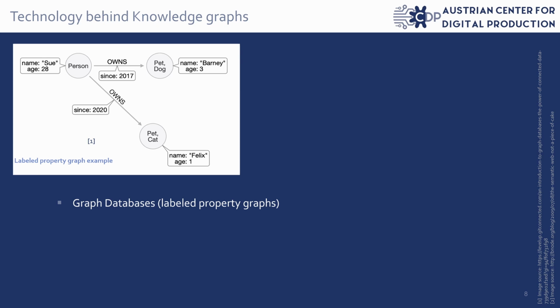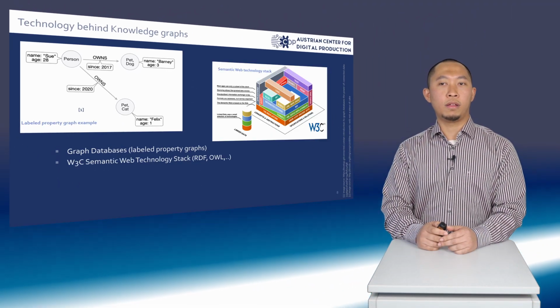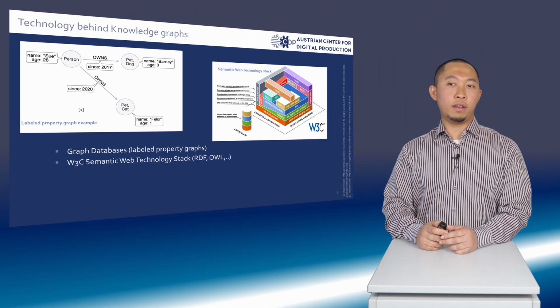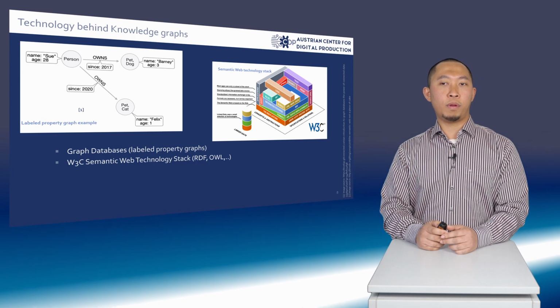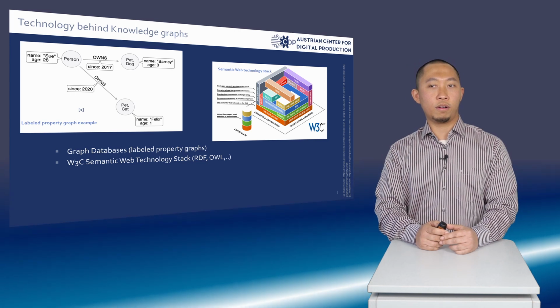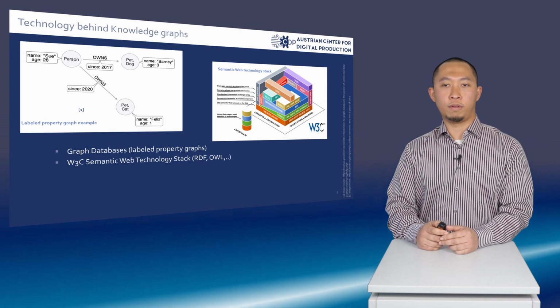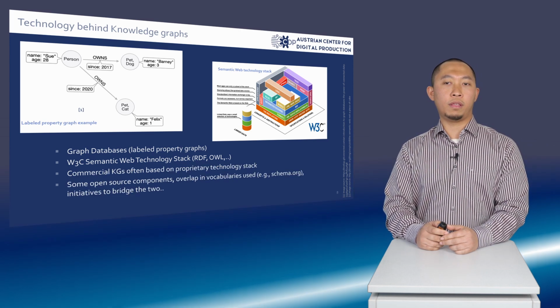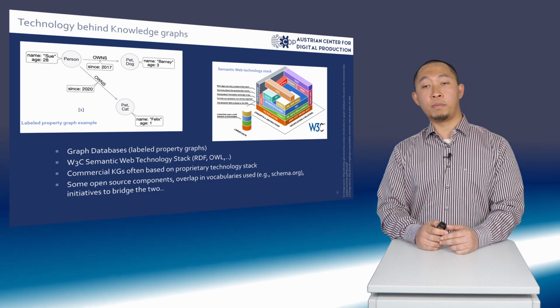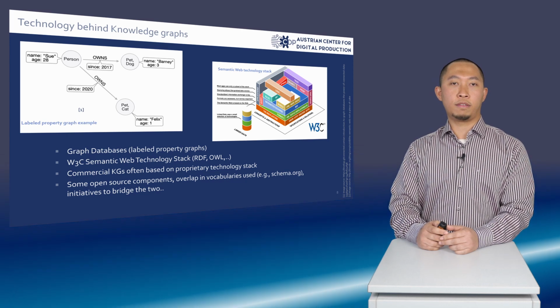For instance, using a graph database, you can store a knowledge graph with a labeled property graph. And also there are standards provided by W3C, for instance, here the semantic web technology stack that consists of RDF, OWL, SPARQL, and etc. And also commercial knowledge graphs that are often based on proprietary technology stacks provided by some companies, and also some components that are built by communities such as schema.org.